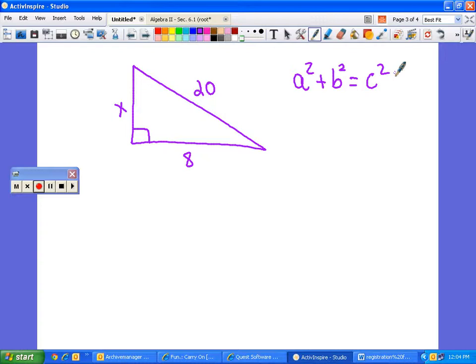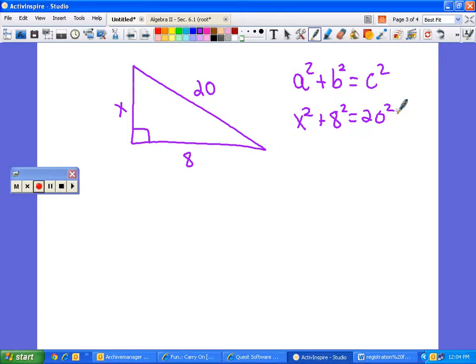Now, it doesn't matter which side you pick as A and which side you pick as B. So you could say either x squared plus 8 squared equals 20 squared, or you could say 8 squared plus x squared equals 20 squared.